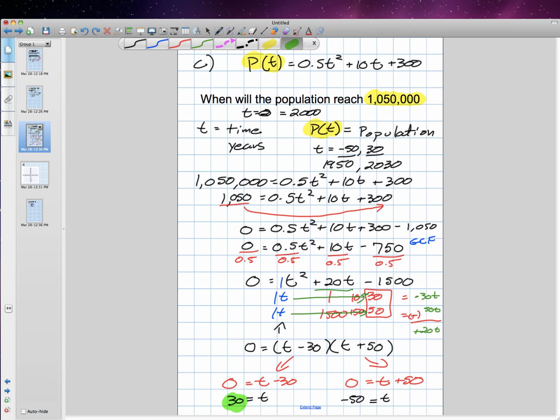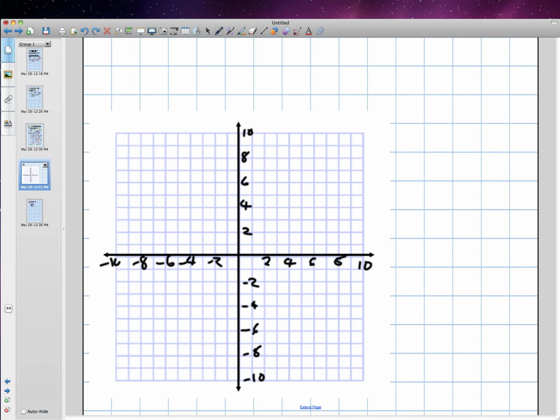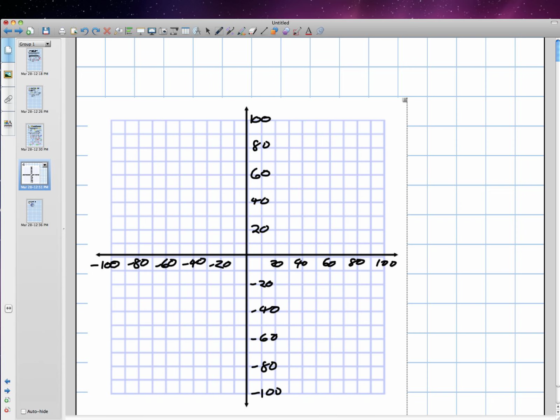Okay, so after we figured out all that information, we're going to tie this to a graph. These two numbers, the 30 and the negative 50, are the x-intercepts. So we're actually going to put those on a graph as x-intercepts. I'm going to put up a new graph here. Those are our two x-intercepts. They told us that (30, 0) and (negative 50, 0) would be our x-intercepts.